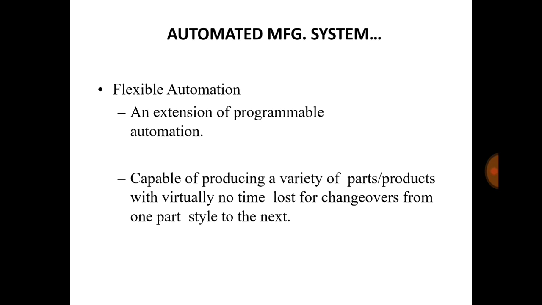So what is the difference between programmable automation and flexible automation? In programmable automation, you have to change the program and the physical setup of your machine. Whereas in flexible automation, you don't have to change the physical setup. With the same system, you can manufacture two different types of product.